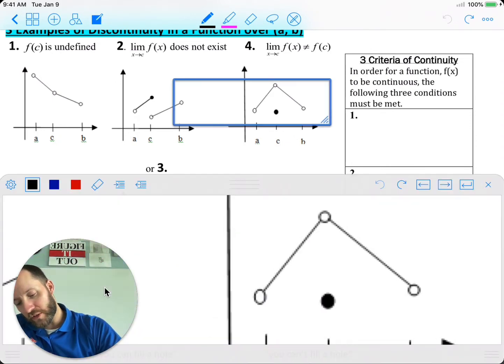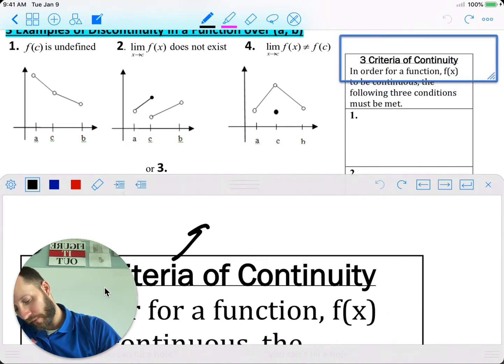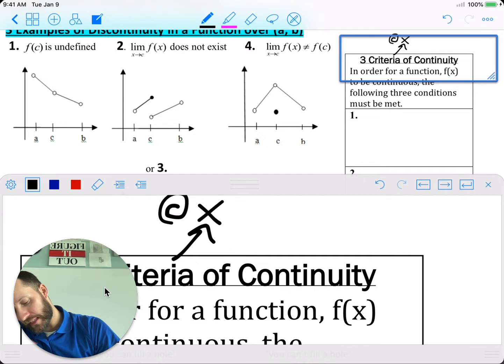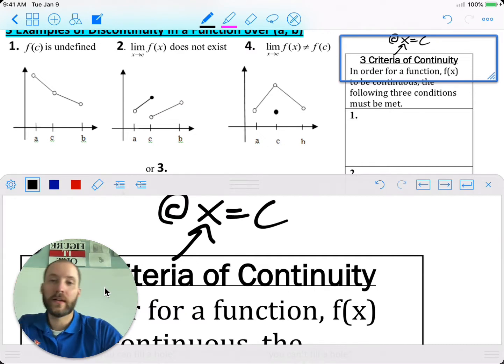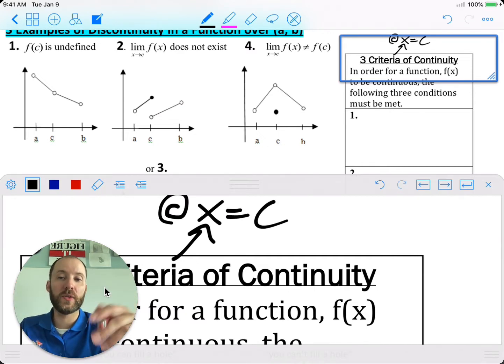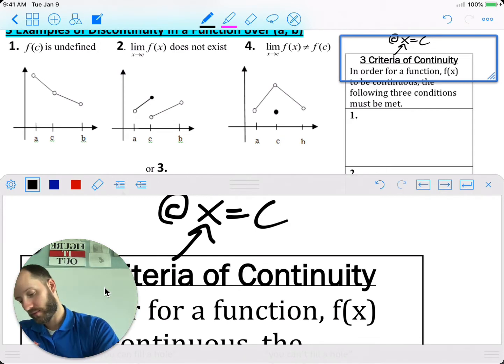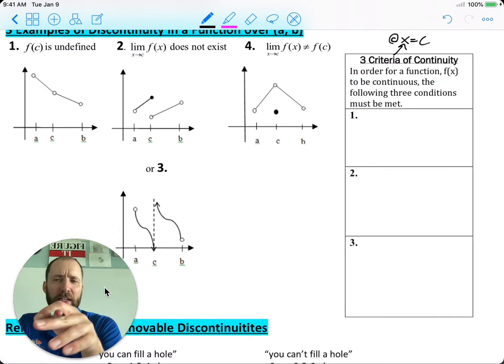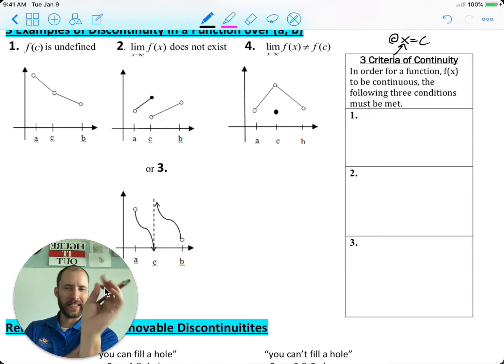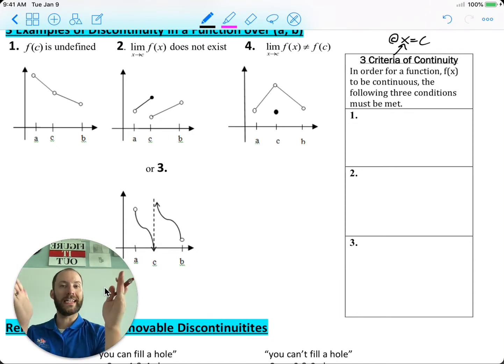And for these 3 steps, we're going to say this is at x equals c. So we're looking at continuity at a point. And continuity at a single point can be generalized to continuity over an interval.